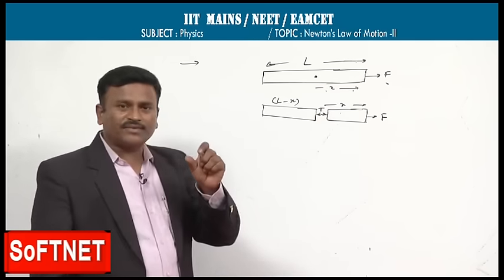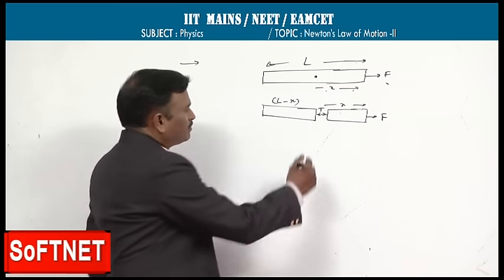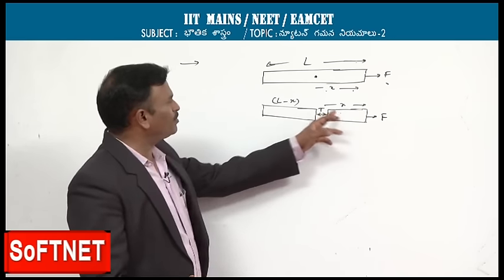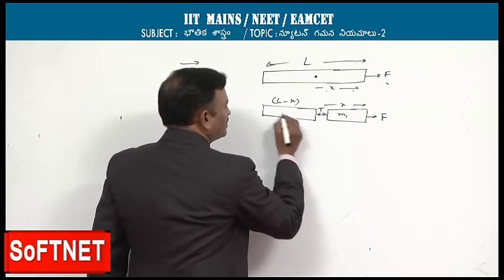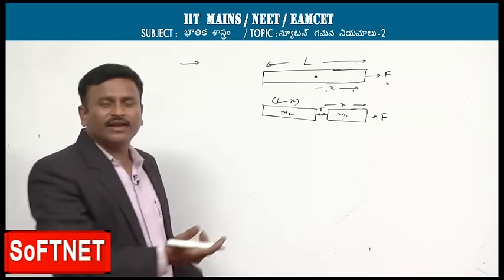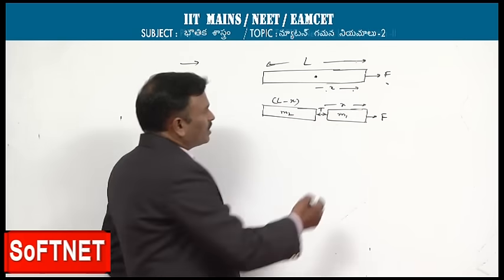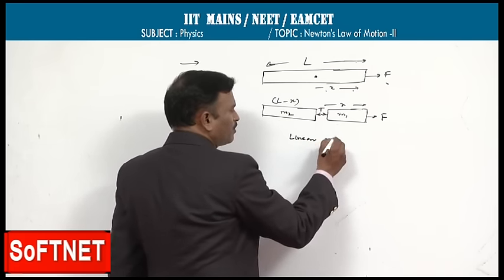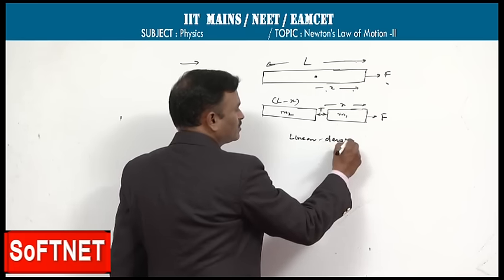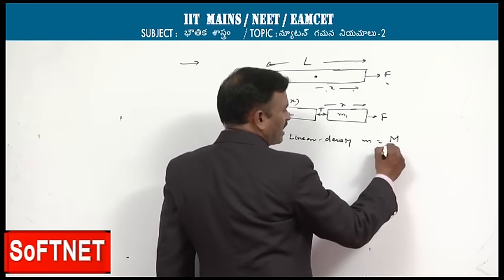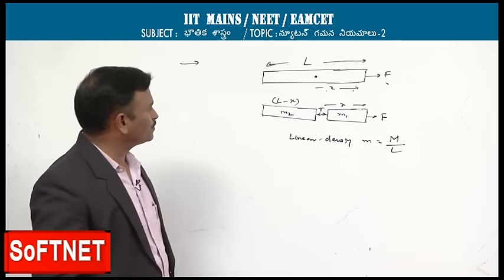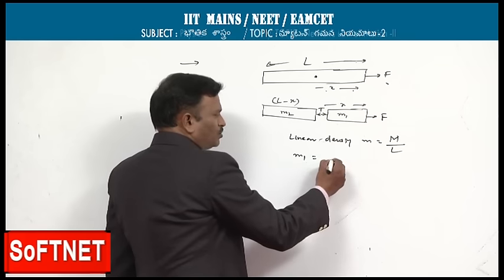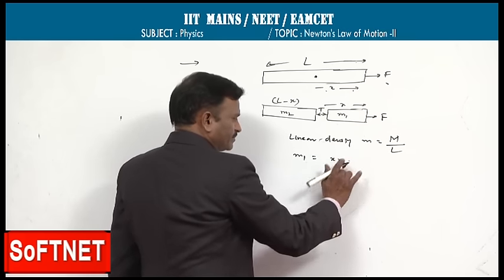Now one concept we have to take, that is the linear density concept. Mass m1 is not given, m2 is not given. So let us take this as m1, this as m2. But how much mass is there? It is not given. So linear density, let's take as small m, is capital M, total mass, by total length L. To find m1, m1 is equal to x into linear density.